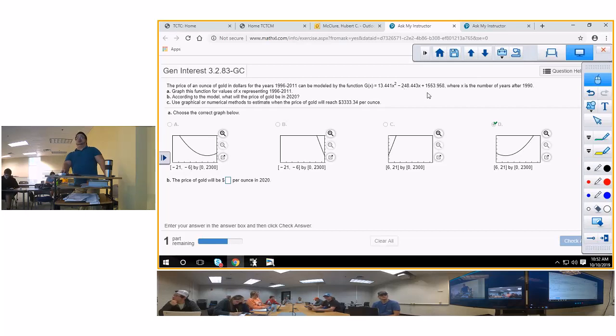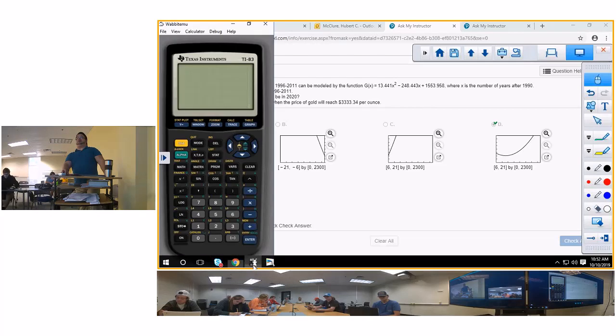Okay? Take your handy-dandy calculator, and y is equal to 13.441 x squared. That G of X is the same thing as F of X, right?